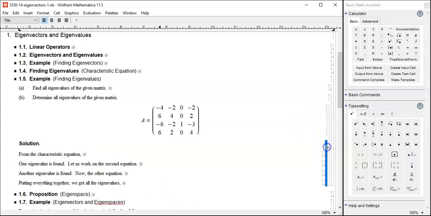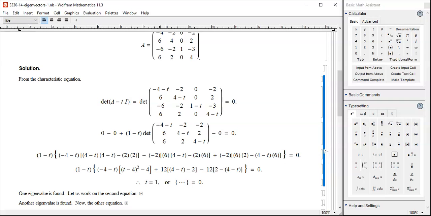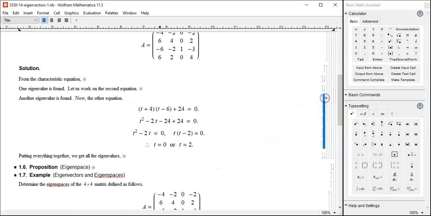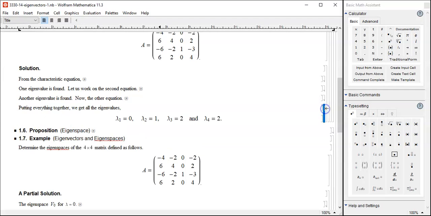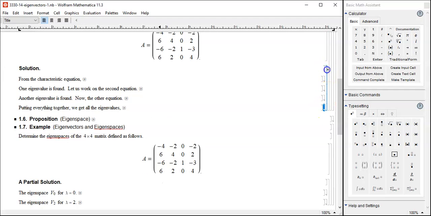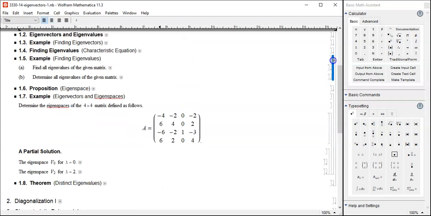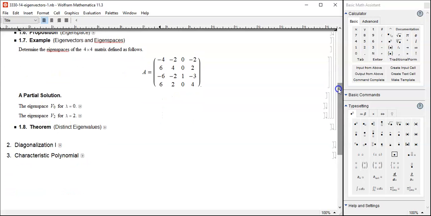And how did we do that? By the characteristic equation. Solving this polynomial equation is a tedious job, but it is possible. If you do that, you get 0, 1, 2, and another 2. These are the eigenvalues coming from the fourth order polynomial equation.